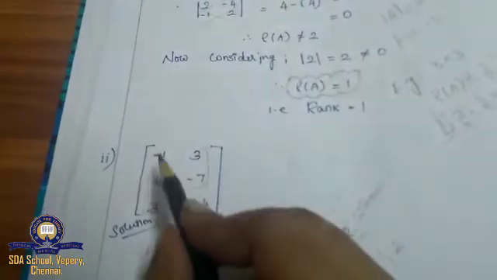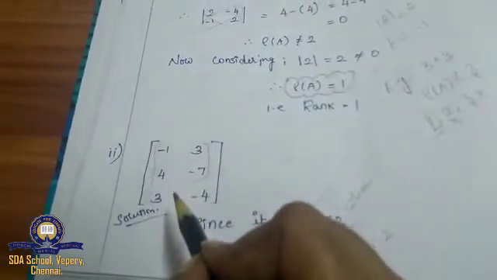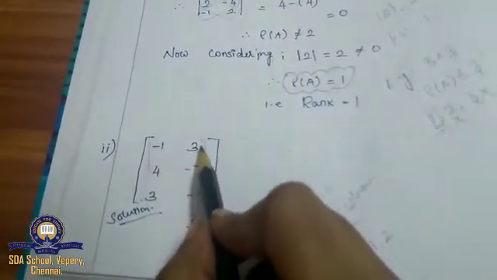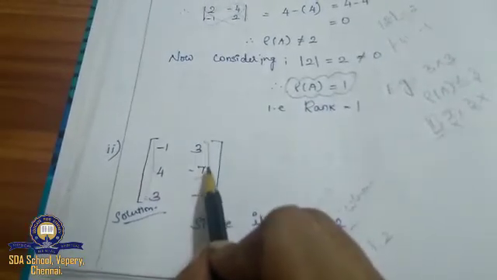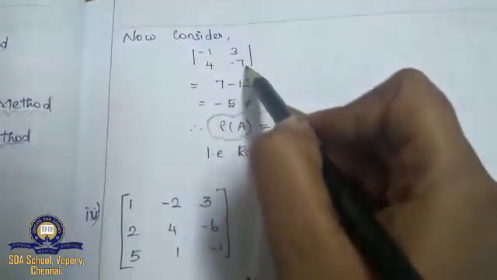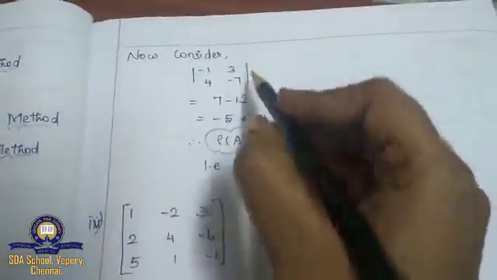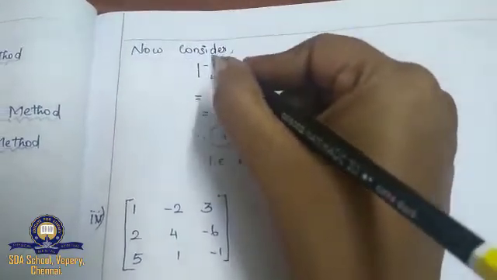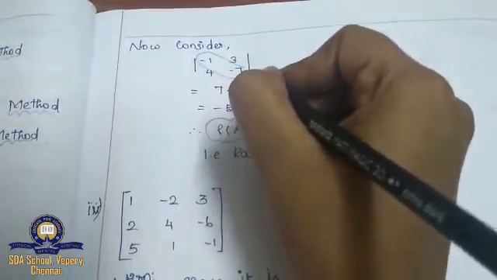What I am going to take is the first 2 cross 2 matrix, that is minus 1, 3, 4, minus 7. Now see, I am considering it. So I am taking the determinant value. After taking the determinant, we have to cross multiply.